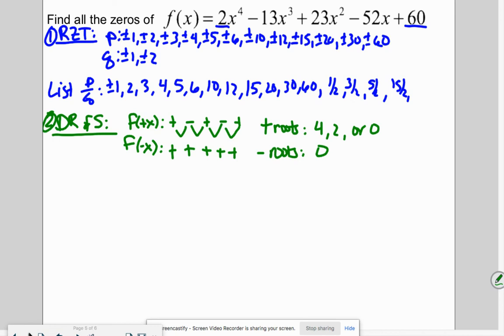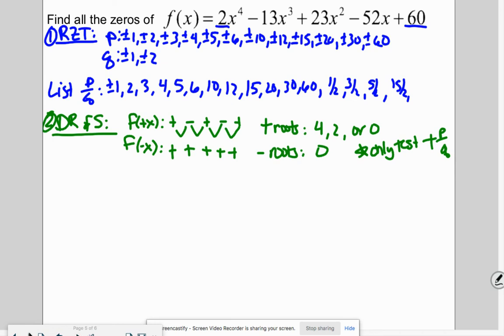So that's good, okay? So we're only going to test only positive P over Q. So that's why we use Descartes' rule of signs.